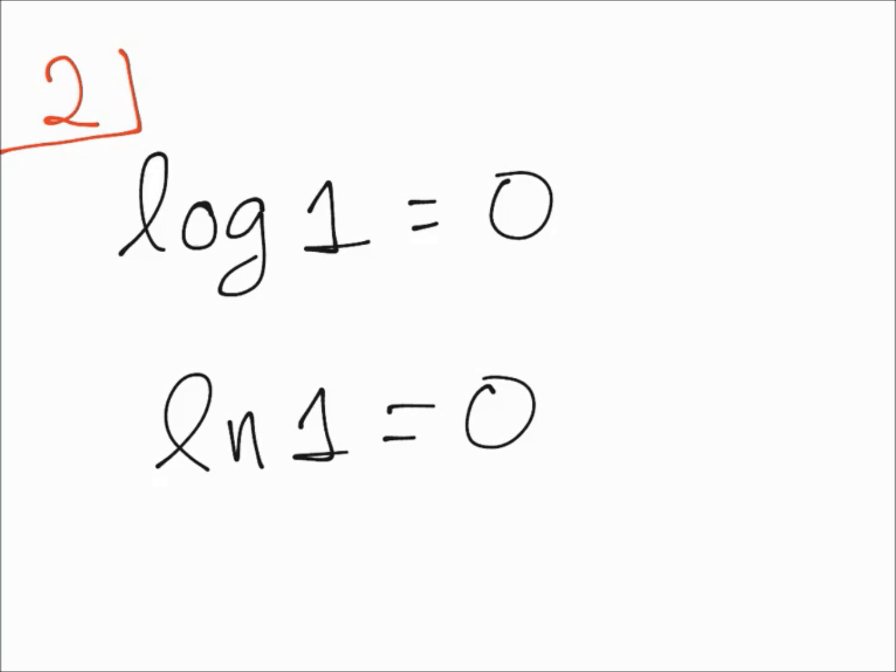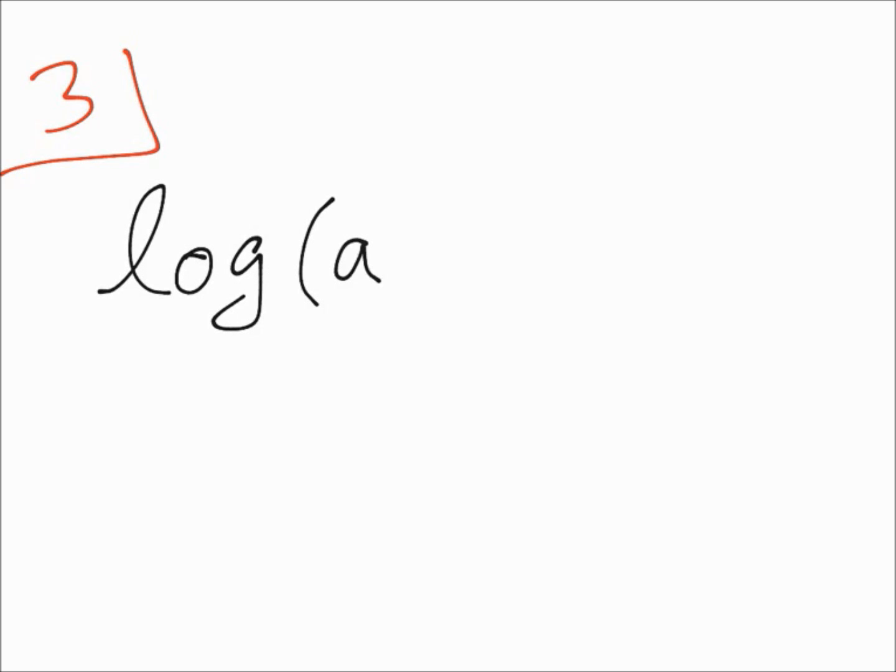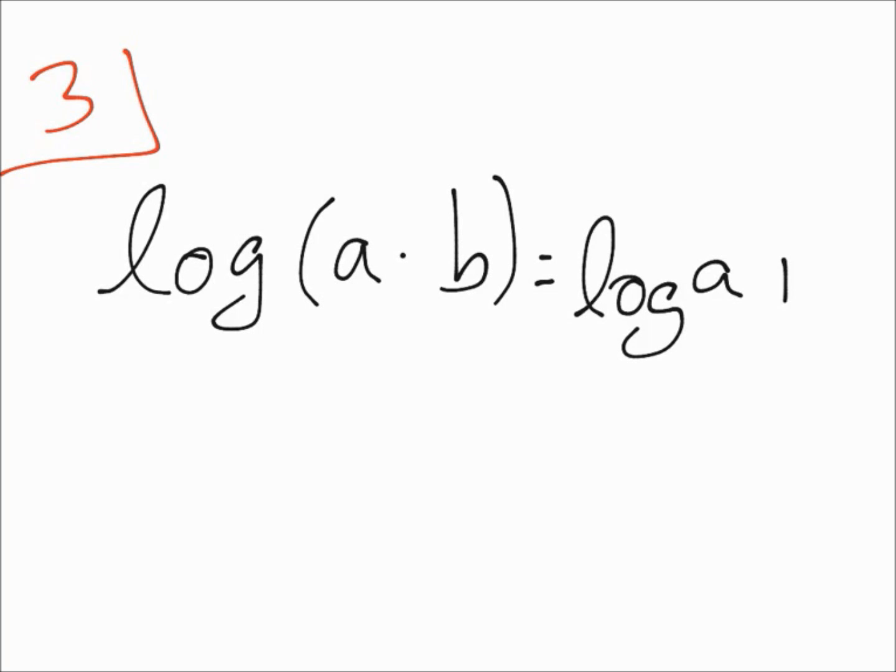Rule number 3, the logarithm of a multiplication will be the sum of the logarithms of each of the factors. So let me change the color, the logarithm of a times b will be equal to the logarithm of a plus the logarithm of b.